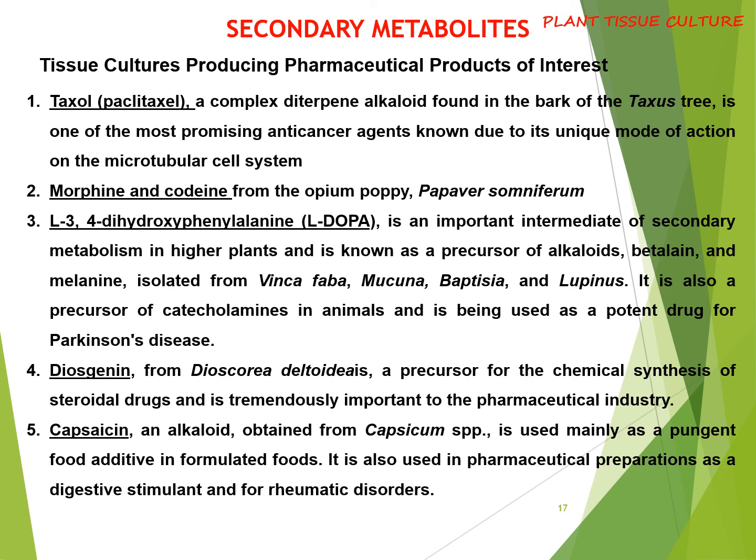Morphine. L-DOPA, which is actually used as a potent drug for Parkinson's disease. Diosgenin, a phytosterol used in synthesis of steroidal drugs. Capsaicin, which is used as a pungent food additive in formulated foods and also as a digestive stimulant and for rheumatic disorders.